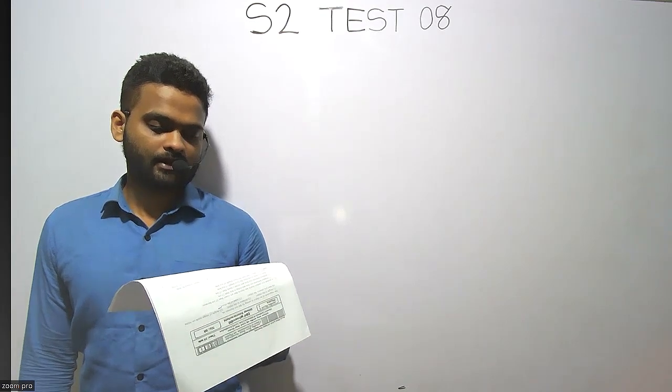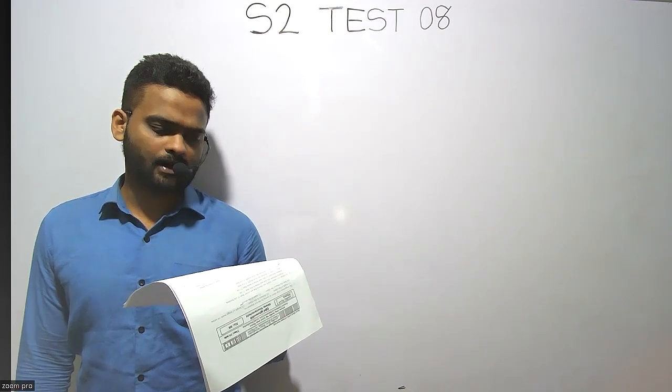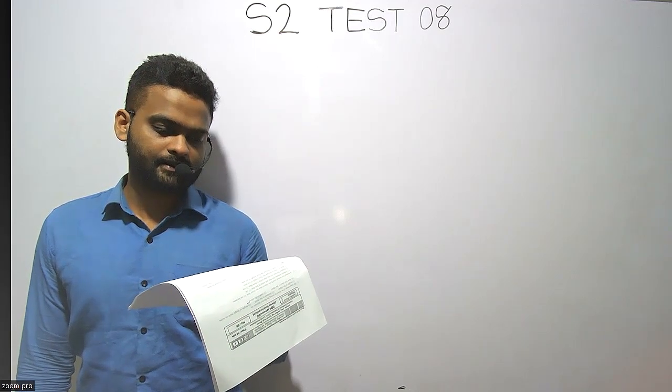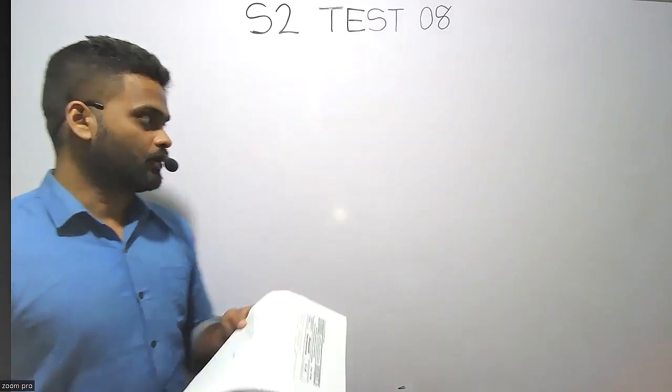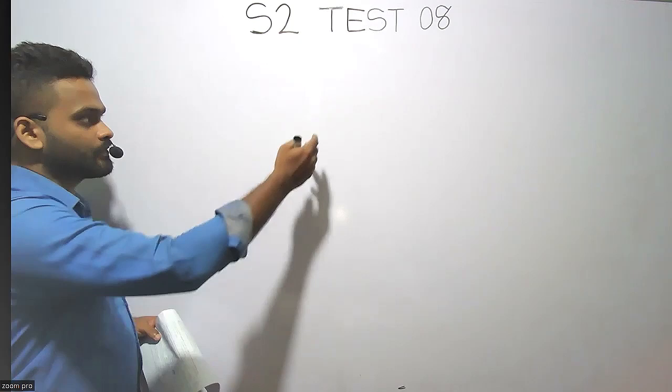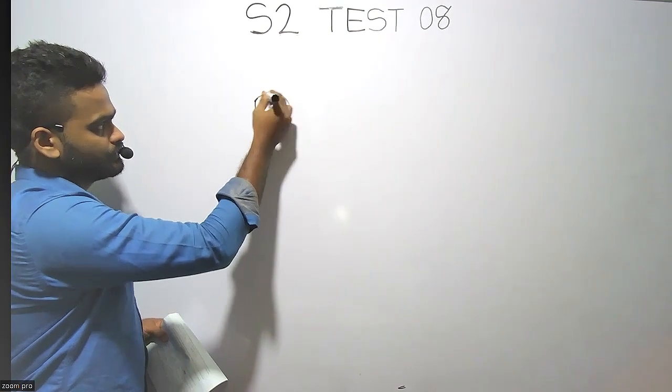Question 6. If a person cannot clearly see objects that are less than 100 centimeters in distance, the power of lens required to clearly see objects at 25 centimeters is? So a normal eye can see objects at 25 centimeters, right?